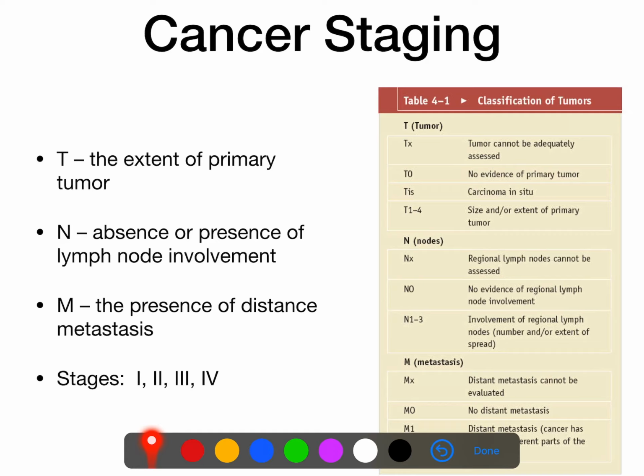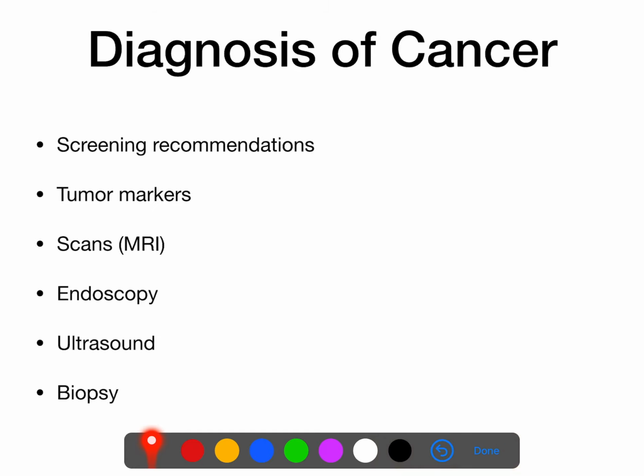So stage 1 cancer would mean that you have a few metastatic nodules, but they're neither very big nor very far away. Whereas stage 4 cancer means multiple metastatic nodules in multiple places throughout the body, and some of them themselves are then founding their own colonies. That's very late stage cancer.